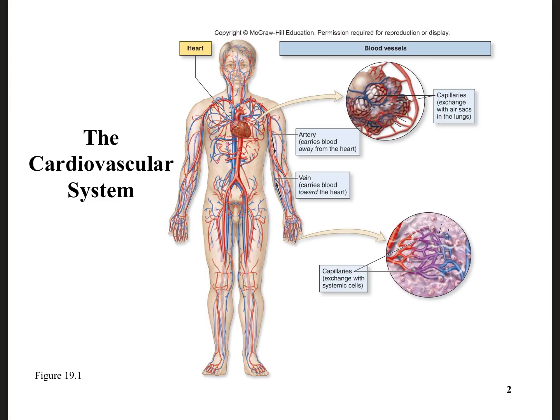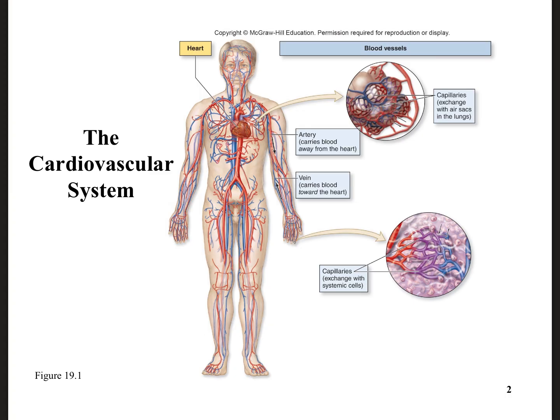So the cardiovascular system is composed of the heart and the blood vessels, right? And the function of the cardiovascular system is to transport blood, and to move the blood.